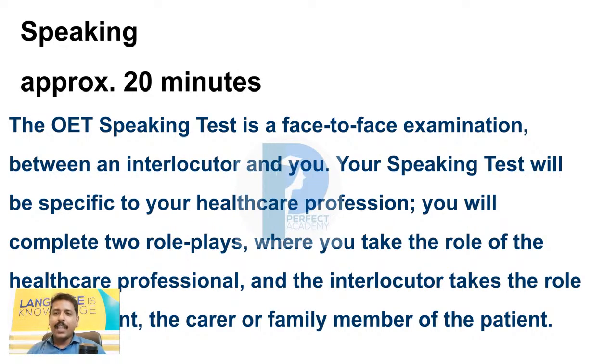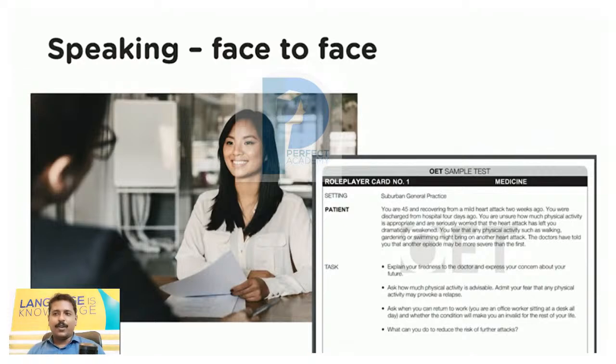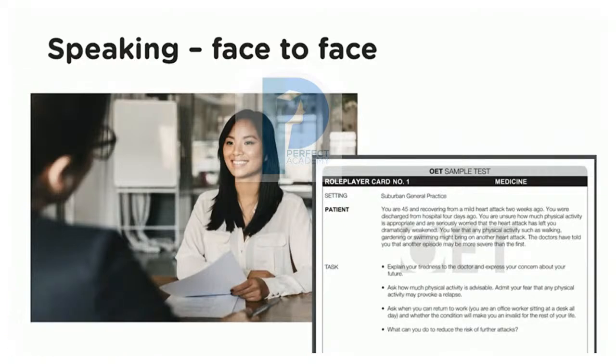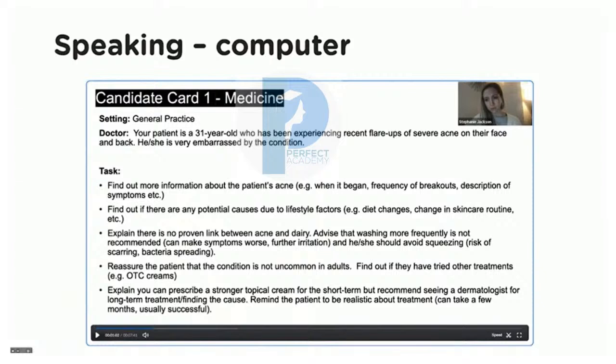Okay, and this is how the role play card looks like, and this is how the computer based speaking looks like, and you're going to talk in Zoom, where you are going to talk to an interlocutor.